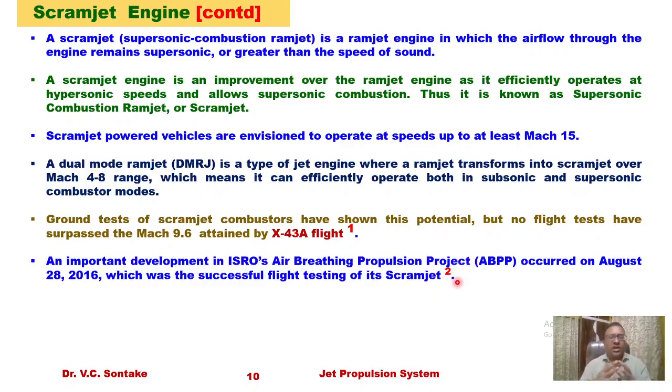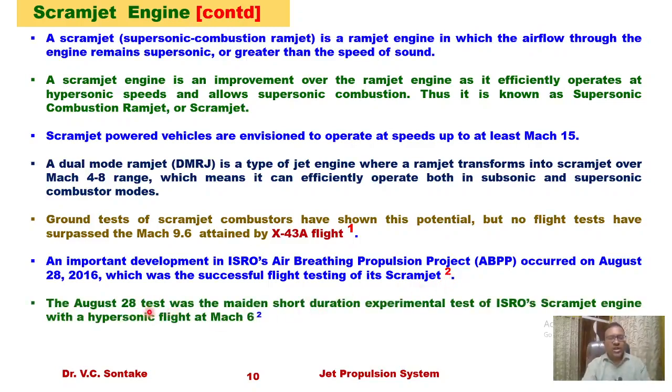And an Indian version of the scramjet engine is also under development. An important development in ISRO's Air Breathing Propulsion Project (ABPP) occurred on August 28, 2016, which was the successful flight testing of its scramjet. Its reference is given in 2.